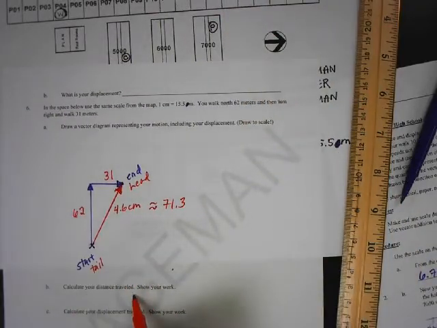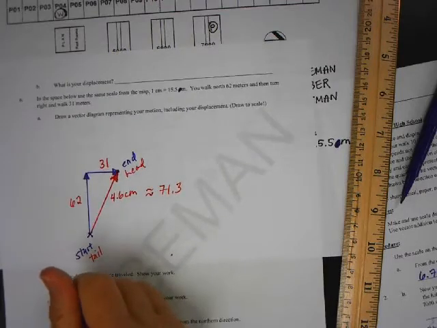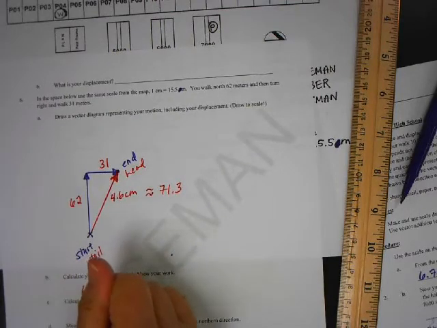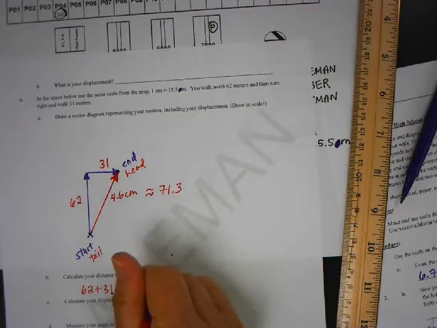When it says calculate your distance, you just add up 62 plus 31, which is equal to 93.